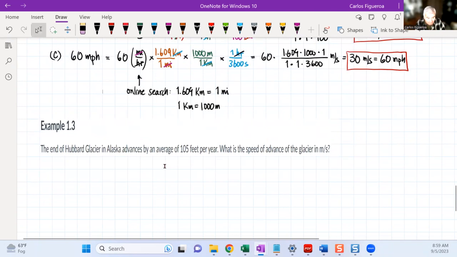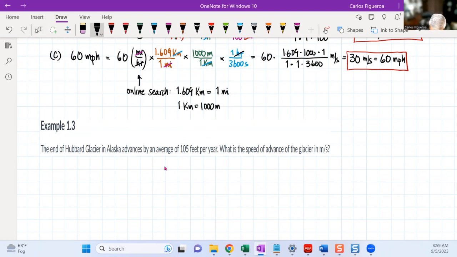So here we go. I want to know the speed of the glacier in meters per second. I know that the speed of the glacier should be 105 feet per year. It's the year that's going to be an issue here, because that's a lot of conversions.